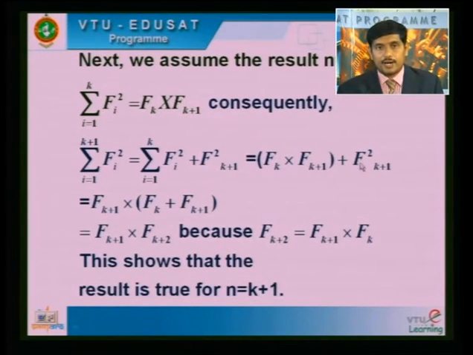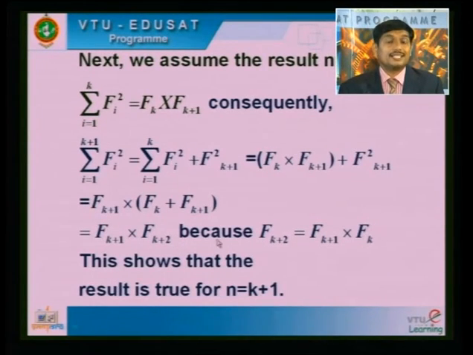In these two we can take a common factor f of k plus 1, that is f of k plus 1 into the remaining fk plus f of k plus 1. This is the Fibonacci sequence. We know that fk plus f of k plus 1 is f of k plus 2.